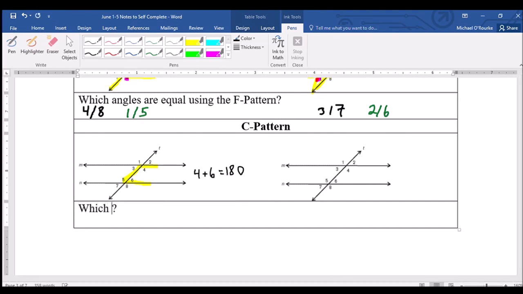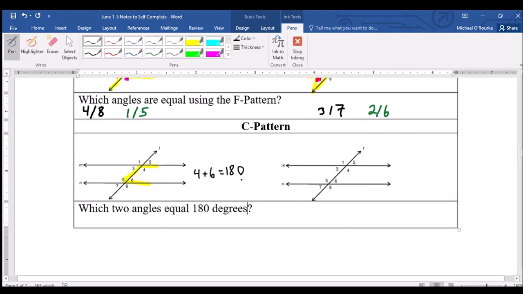So which two angles equal 180 degrees? Okay. Now, I could also make my, let's finish off this guy.